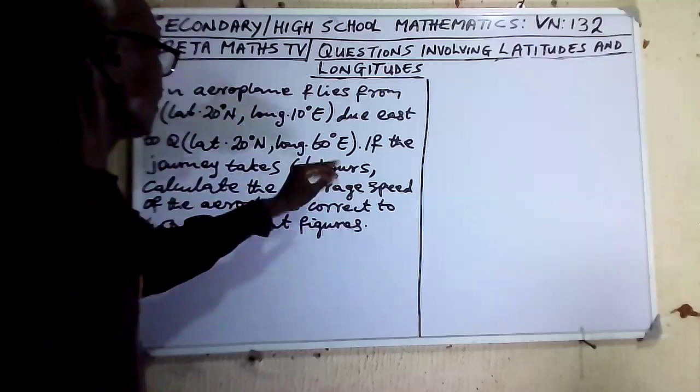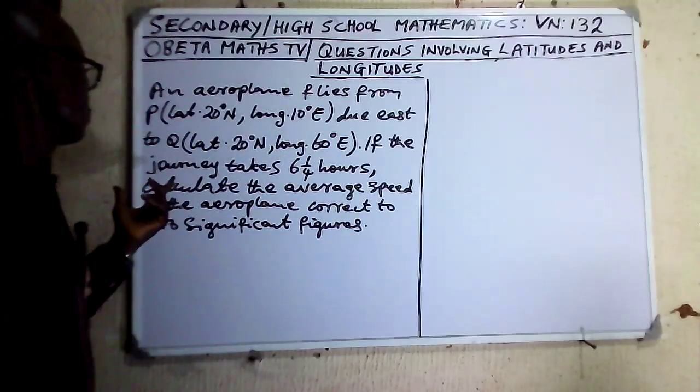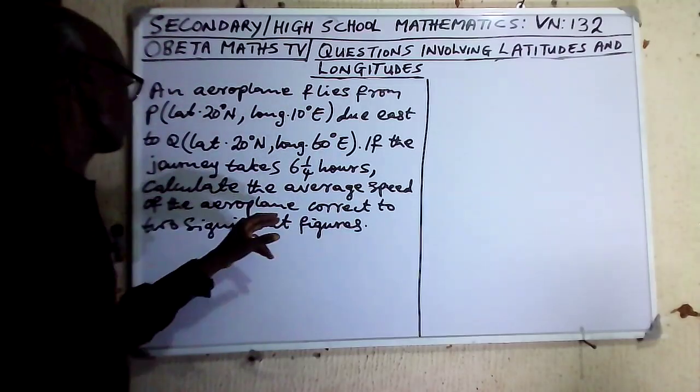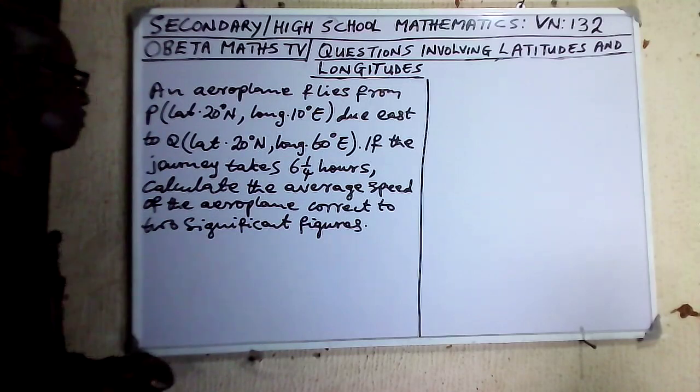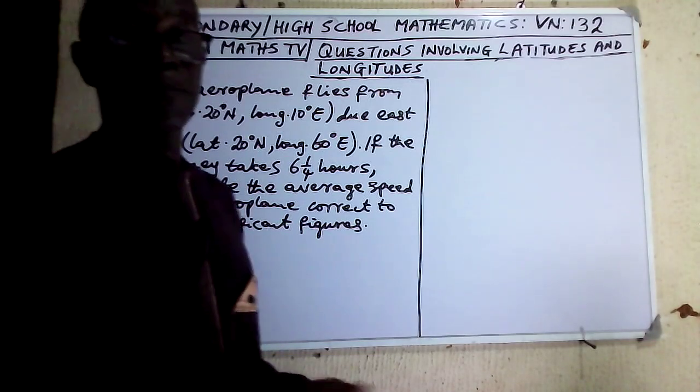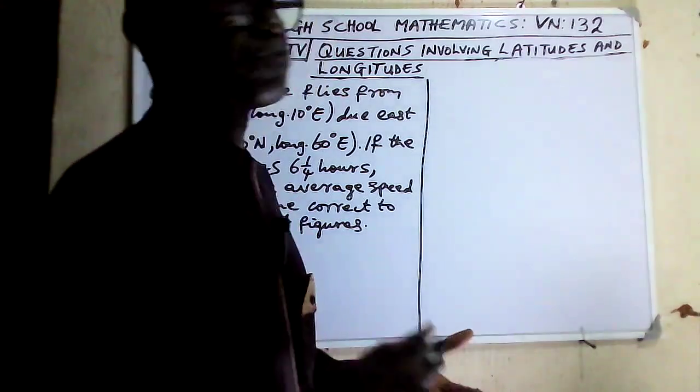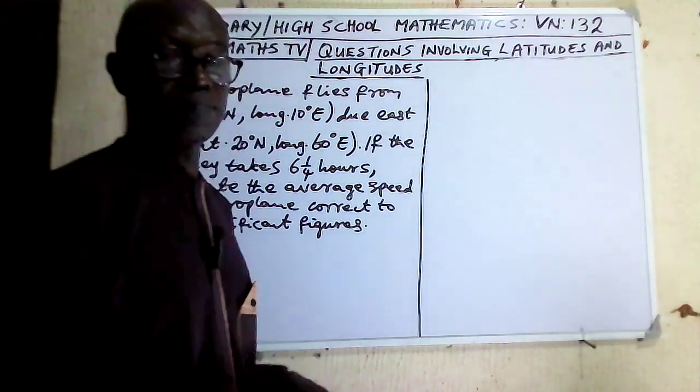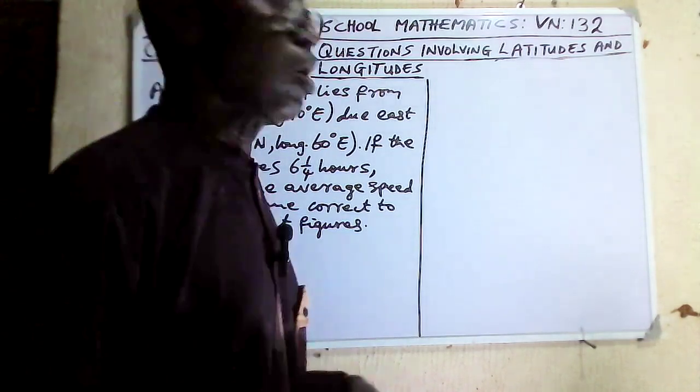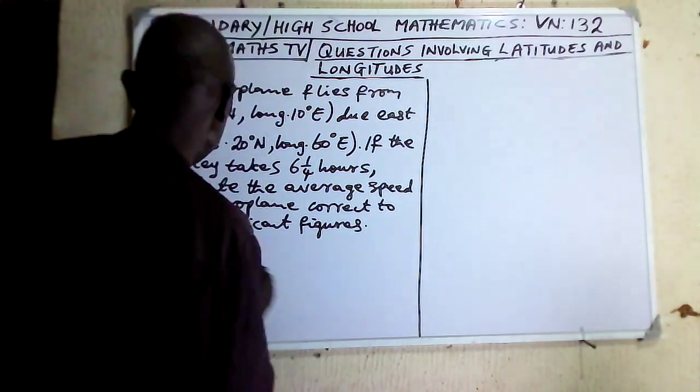If the journey takes 6.5 hours, we are to calculate the average speed of the aeroplane correct to 2 significant figures. So here again, we have to start by drawing the diagram and then fixing the points. So let's start.